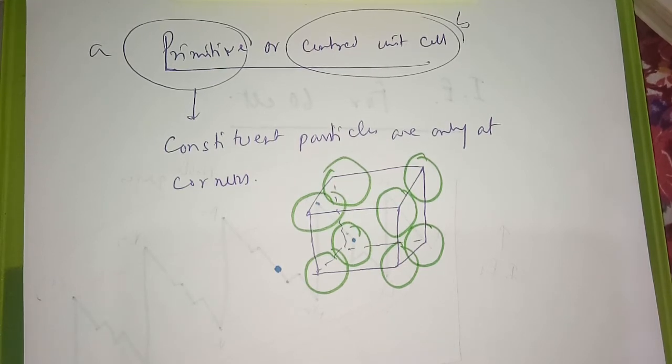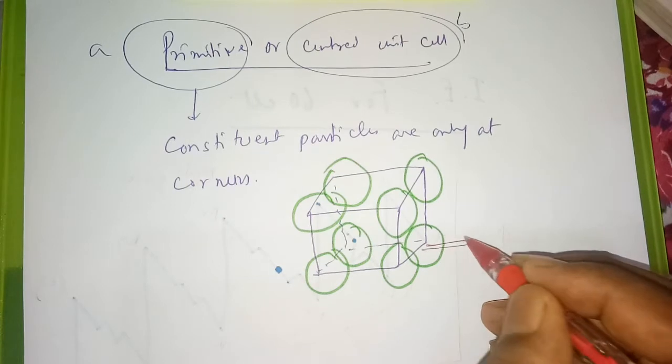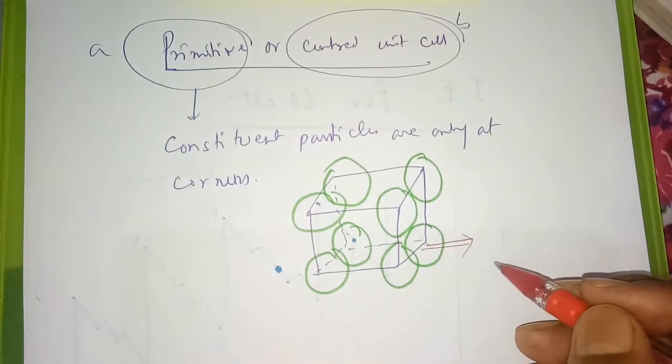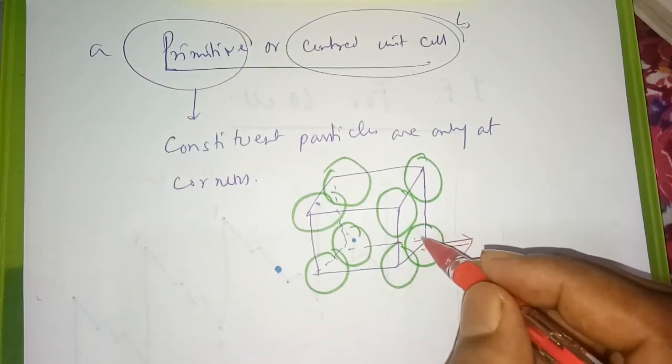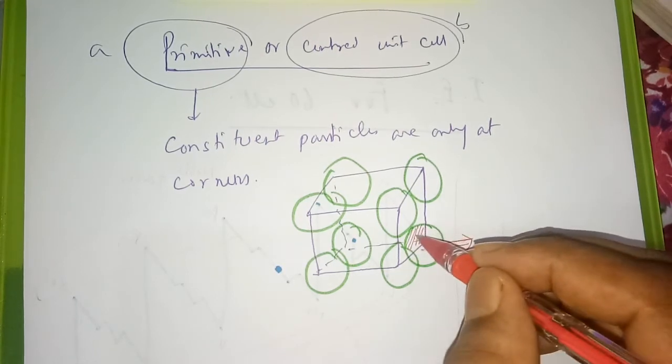This is what is called a primitive unit cell. Now for a particular corner, the portion that belongs to this unit cell is 1 by 8.